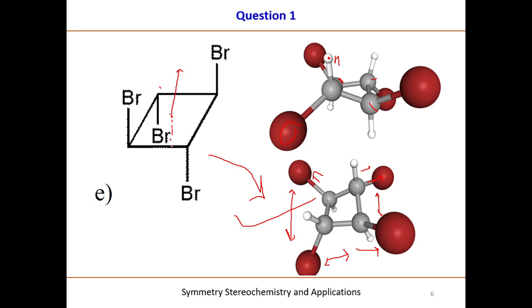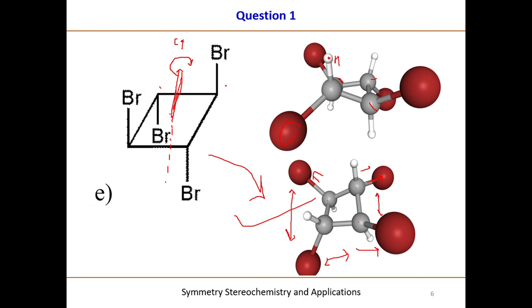I am considering cyclobutane as a plane, and this is below the plane, this is above the plane, this side. Now we are passing an axis. Which axis is possible? Suppose I pass a C4 axis, since it has 4 carbons. I'm just checking here, explaining how to decide which axis is present.